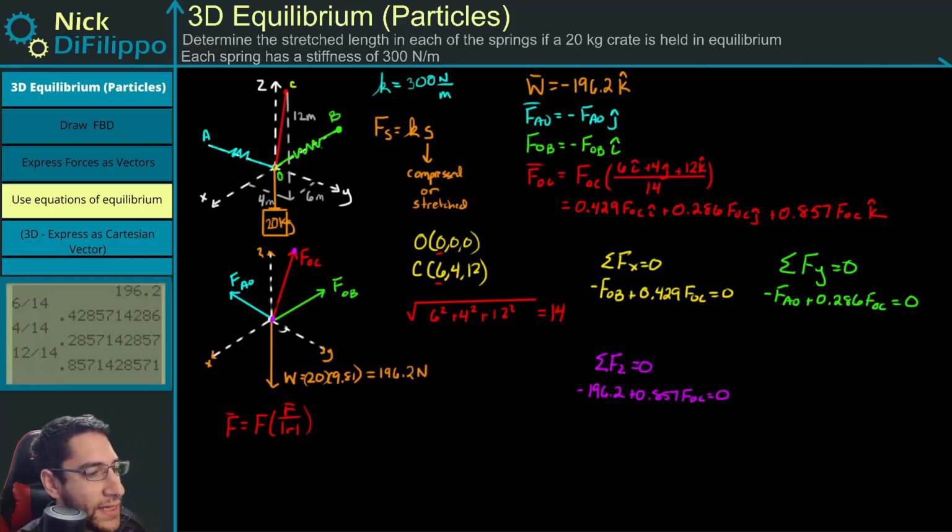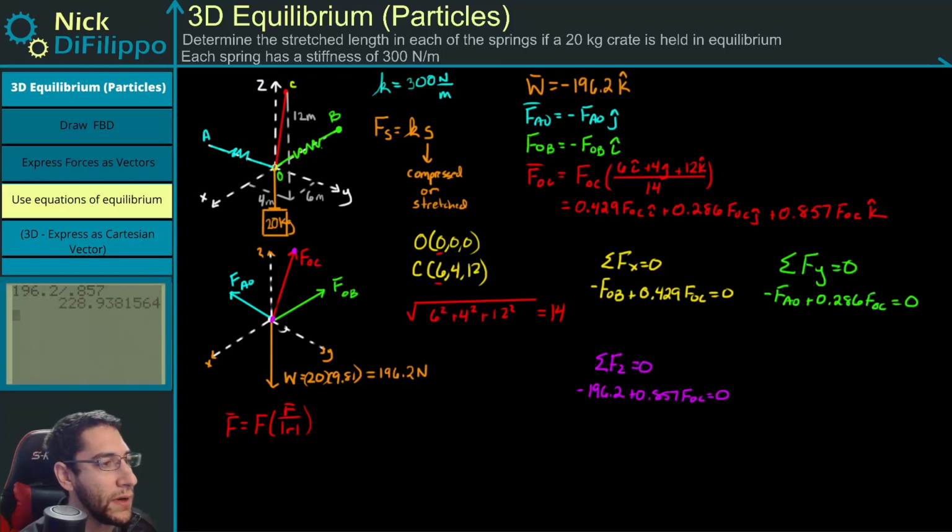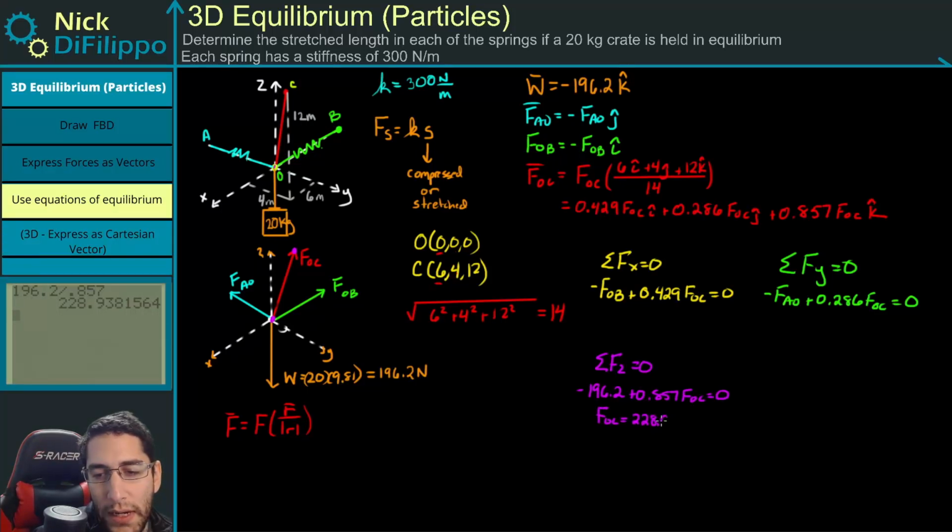So we're going to bring 196.2 to the other side of the equation, so it becomes positive, and we're going to divide by 0.857, and this becomes 228.9. So F_OC is 228.9 newtons. Now we can back substitute it into the sum of the forces in the x and the sum of the forces in the y.